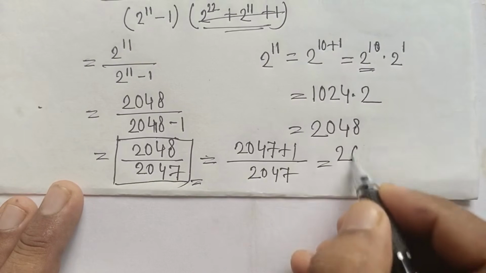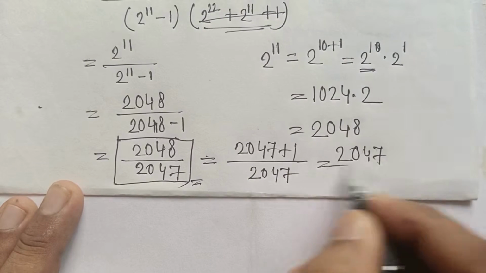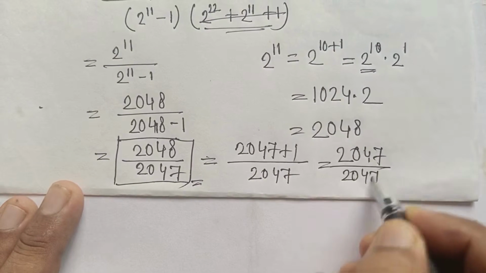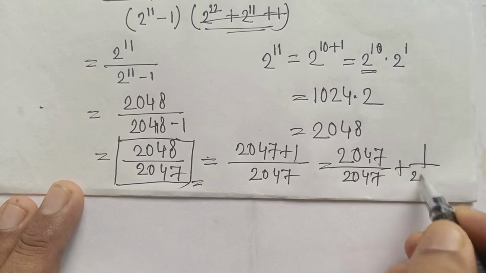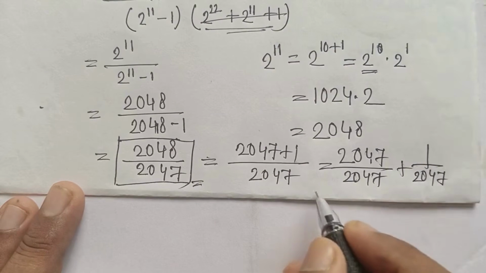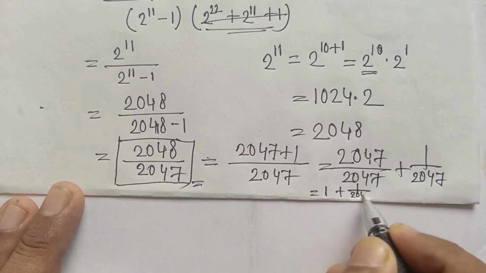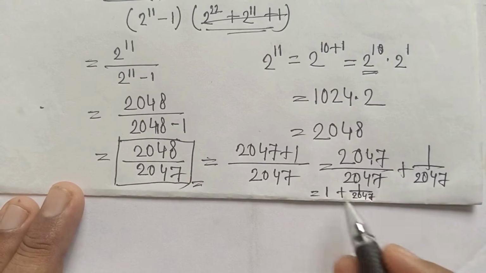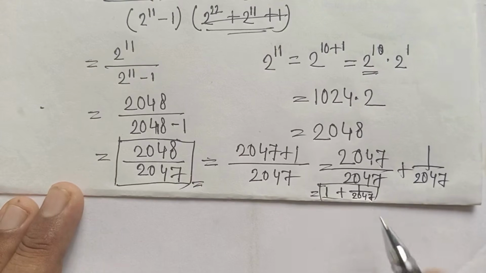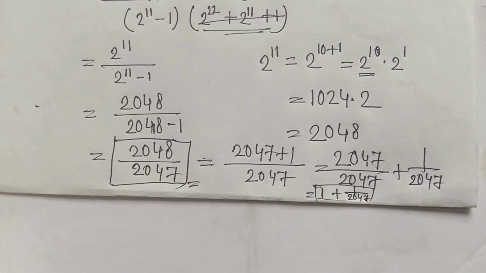If we write that as 2047 by 2047 plus 1 by 2047, now we can write that 1 plus 1 by 2047. So we can express it like this also. So the value of the expression is 1 plus 1 by 2047.